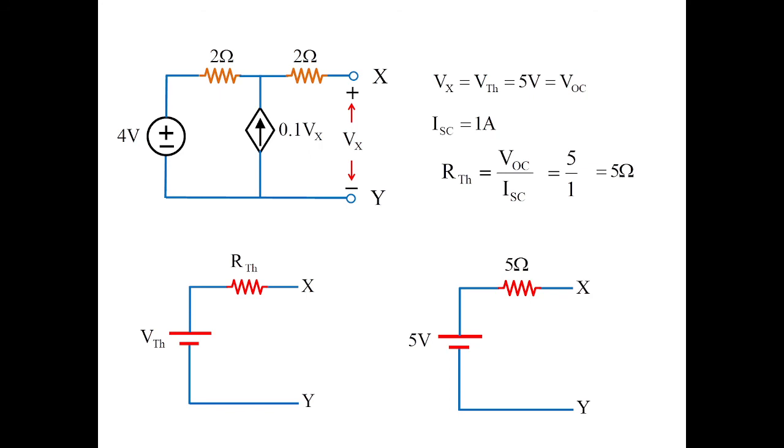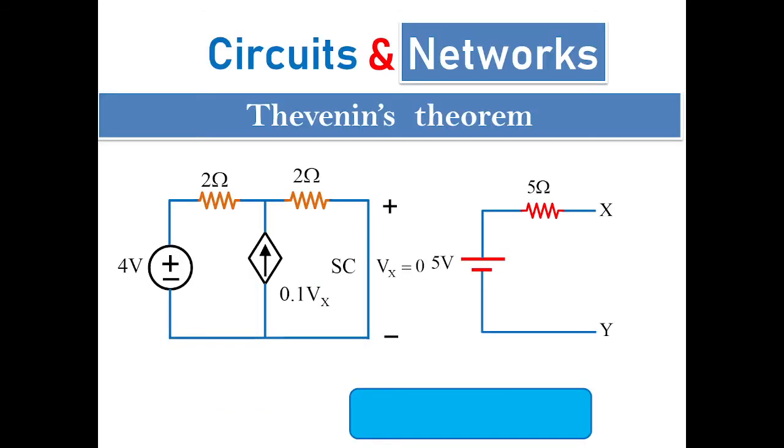So you can see we have seen current controlled current source and voltage controlled current source problems in this particular case. And in my previous classes, we have seen different examples of dependent sources. So this is how we solve a Thevenin's equivalent circuit or network problem for the given circuit or network.